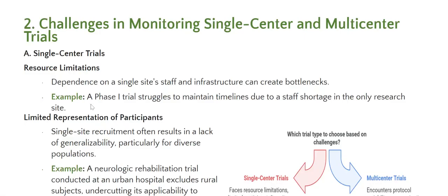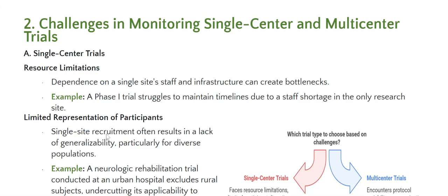Now the challenges. For any implementation in clinical trials, there are challenges. So, challenges in monitoring single-center and multi-center trials. For single-center trials, resource limitations: dependence on single-site staff and infrastructure can create bottlenecks. For example, a phase 1 trial struggles to maintain timelines due to a staff shortage in the only research site.